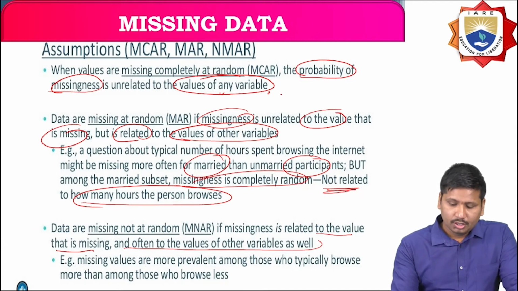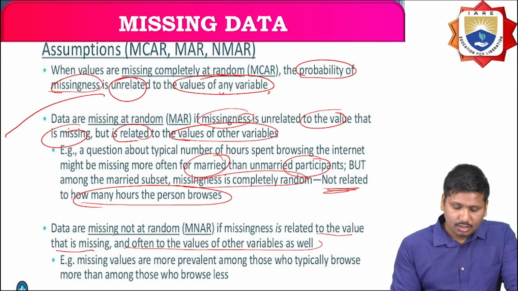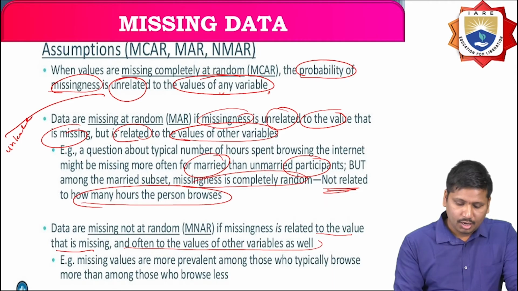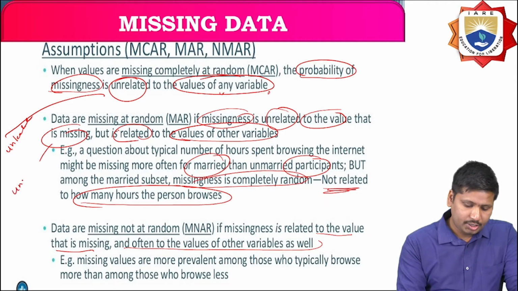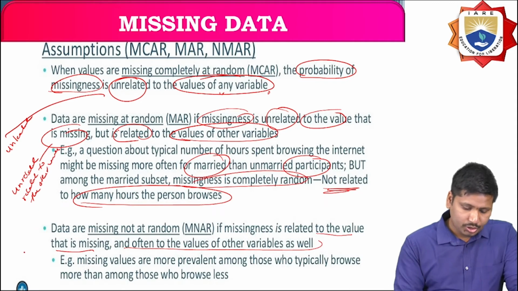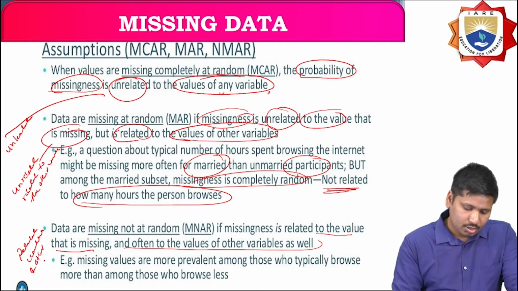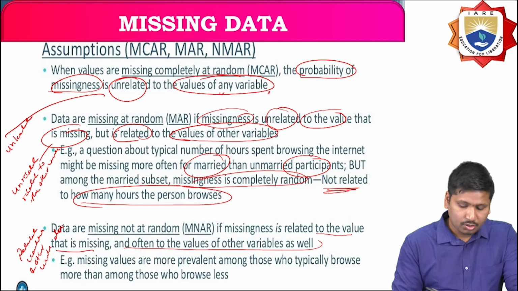So one case is unrelated, the second is unrelated to the value but related to the other variable, and this one should be related to the variable and other variables also.